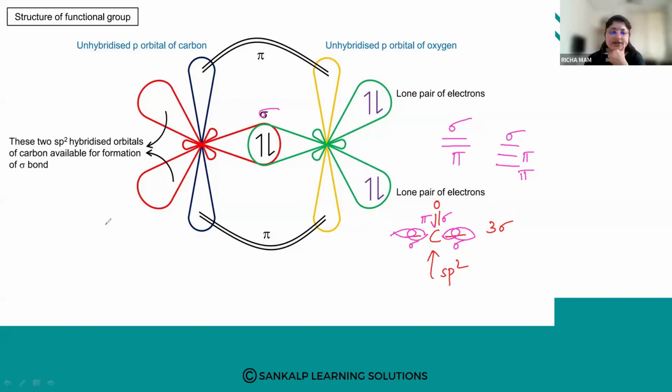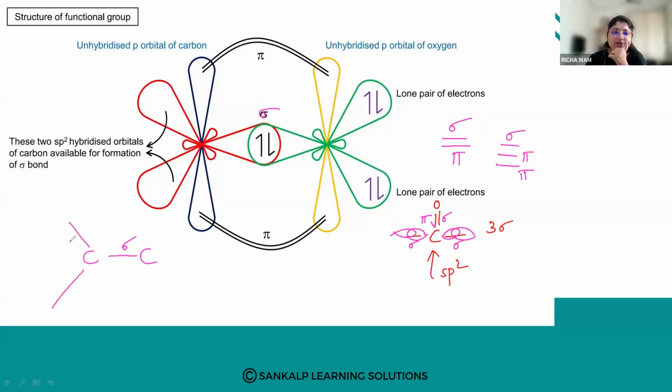Now how are the sigma bonds formed? Now see, when you consider two carbon atoms, this is one sigma bond, then this is one sigma bond, and this is one sigma bond. Now suppose I take a carbon, so this is a carbonyl carbon.